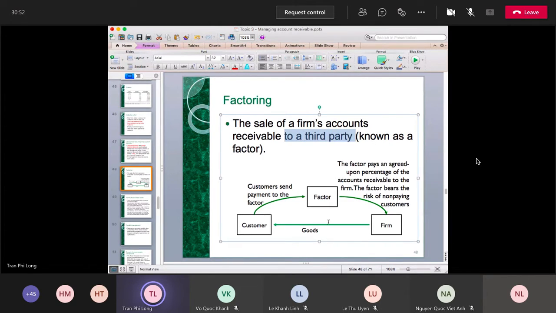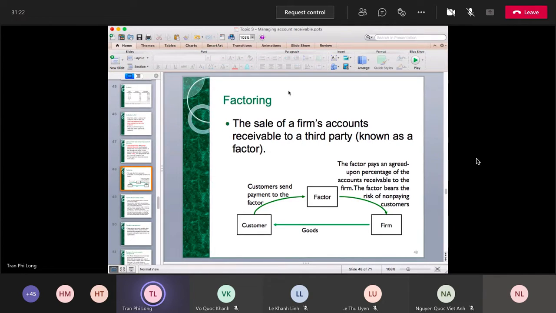You can see here the firm sells the goods to the customer, and then the firm sells the account receivable to the factor. So later in the future, the customer will pay money not to the firm but to the factor. And when the firm sells the account receivable to the factor, the factor pays the firm an amount of money.